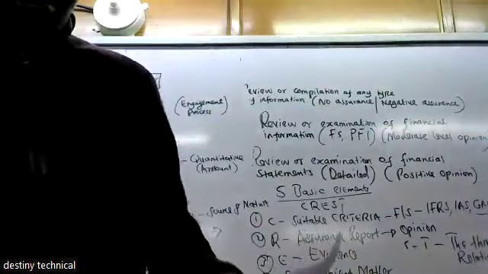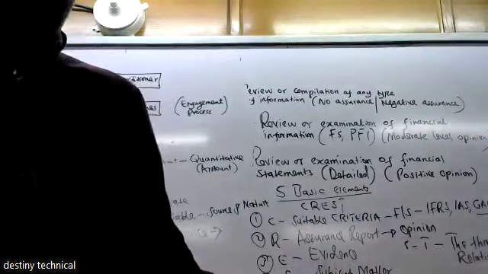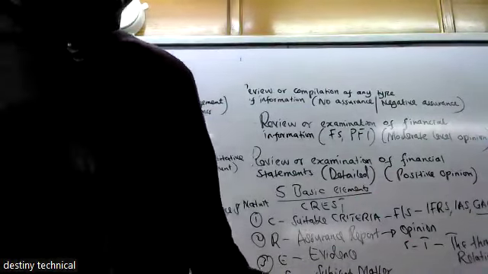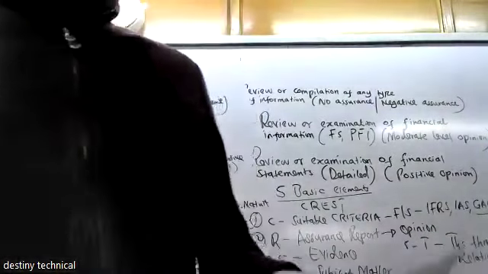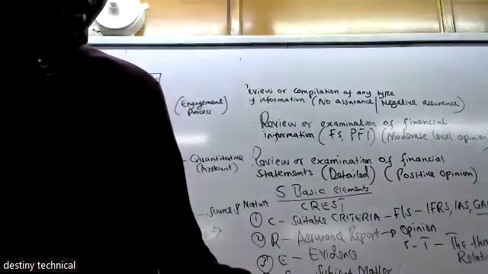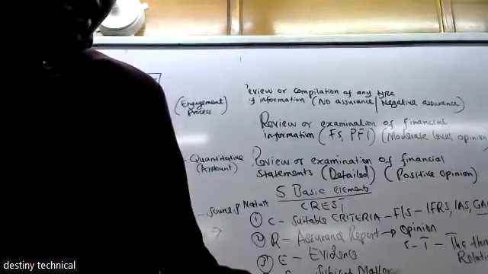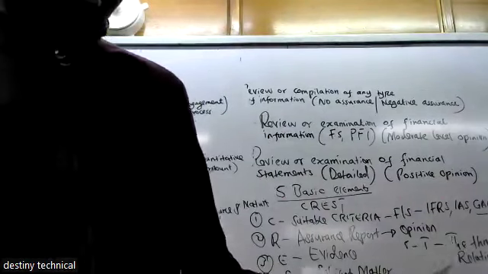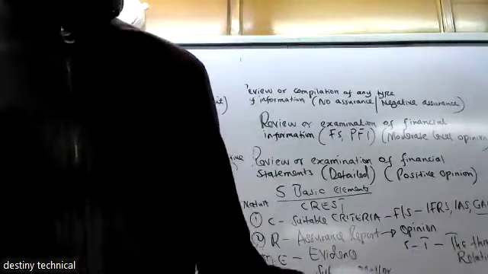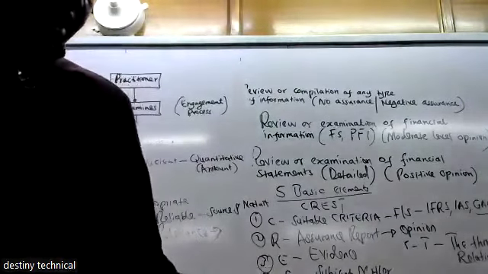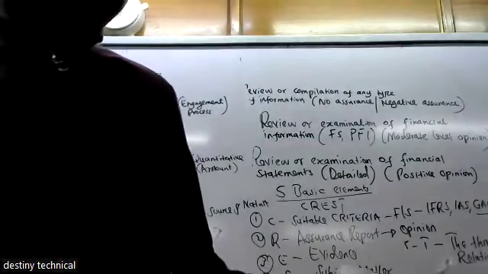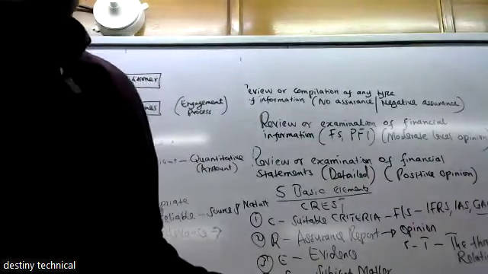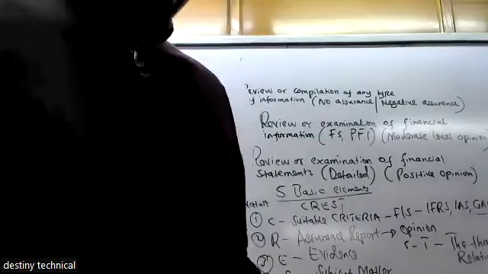August 2022, question 2B. Auditors are frequently required to provide assurance for a broad range of non-audit engagements. Required: summarize the four elements of an assurance engagement.